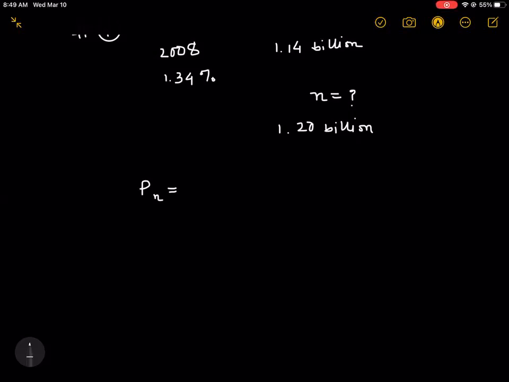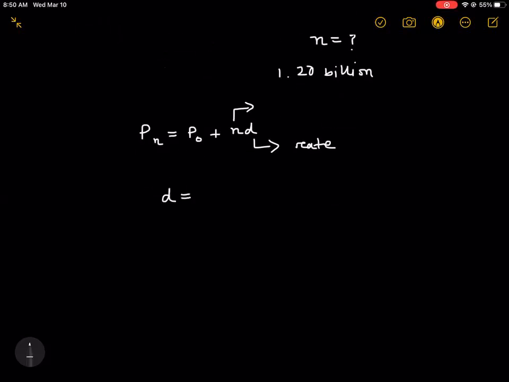Then we have P naught plus nd, where n is the time duration and d is the rate. And d, this is just a quick reminder, because we want to see the similarities and dissimilarities, so that we can distinguish which is linear and which is exponential.